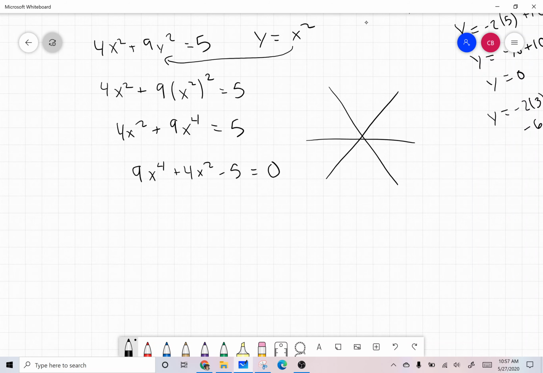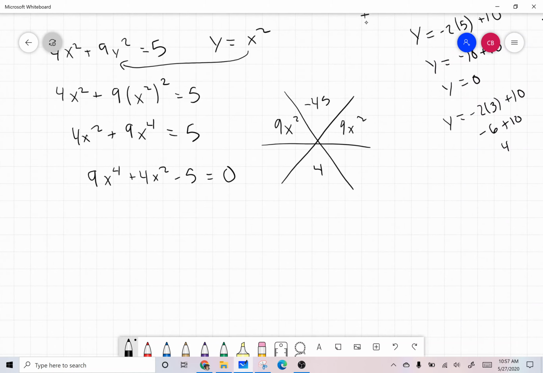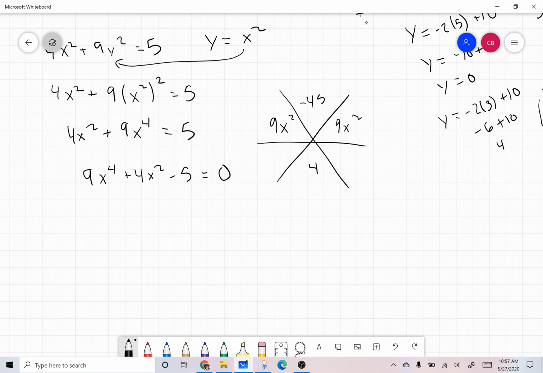It's not a perfect square trinomial, but we've got 9x to the 4th. We'll say this is 9x squared and 9x squared. I'm using x squared, obviously, because this is x to the fourth. This is negative 45, and we want it to add up to 4. 15 times 3 doesn't give you 4. 9 times 5 does. Okay, so 9 and 5 works, so that's going to be a positive 9, a negative 5.